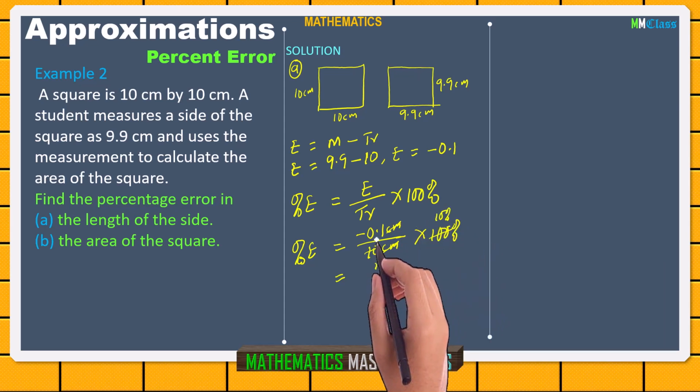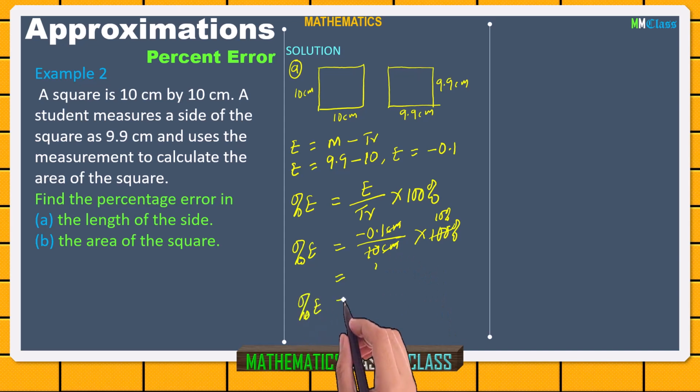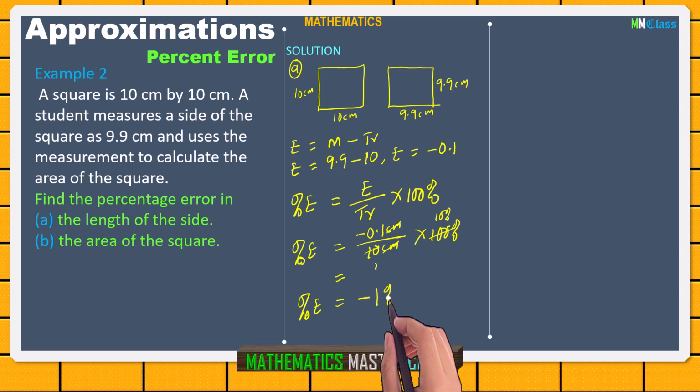So 10% times minus 0.1, so we have our percentage error to be equal to minus 1%. But we cannot take minus 1 as our final answer because the length of a shape is a concrete something. So we have to remove the minus from our answer. So our final answer, therefore, the percentage error we are looking for is equal to 1%. So this is for A.